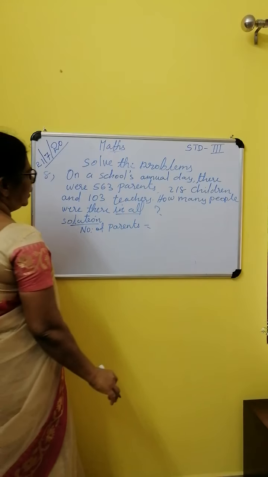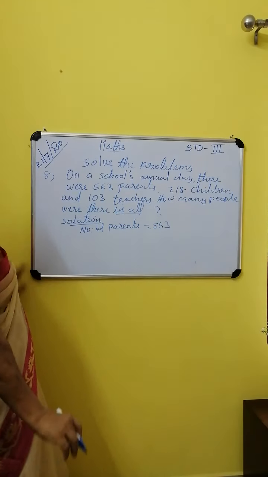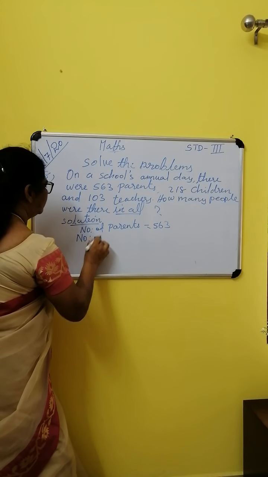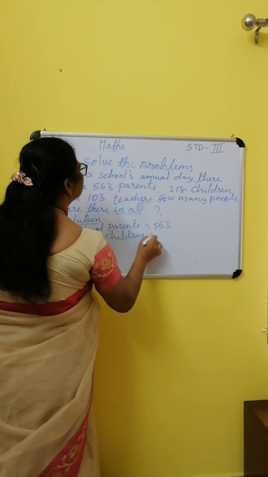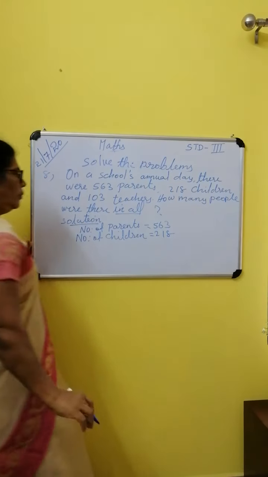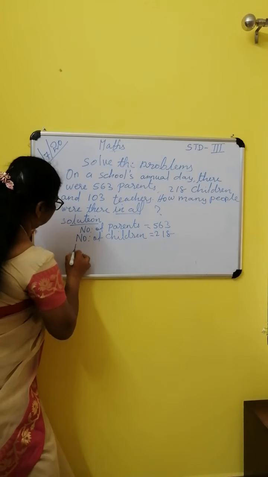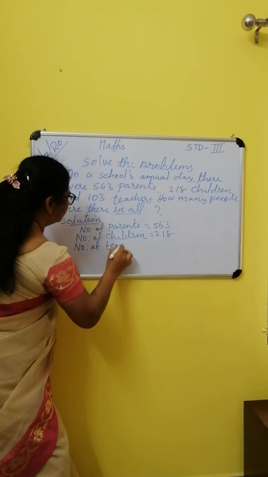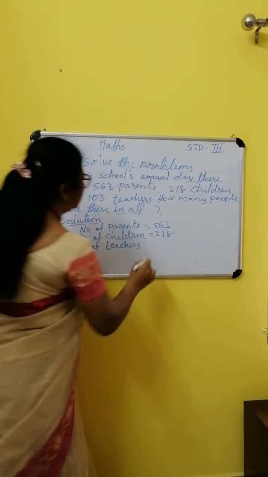Number of parents 563. Then number of children 218. Number of teachers 103.